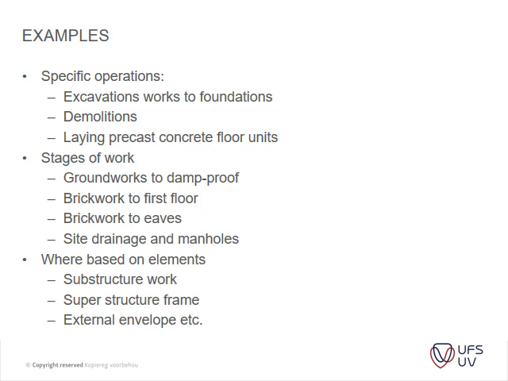Then you've got your stages of work, you've got your groundworks to damp-proof, brickwork to first floor, brickwork to eaves, site drainage, and manholes. So this is a bit more like a Gantt chart or your program type of method statements. And then we're based on elements. You can have your substructure work, superstructure, external envelope.